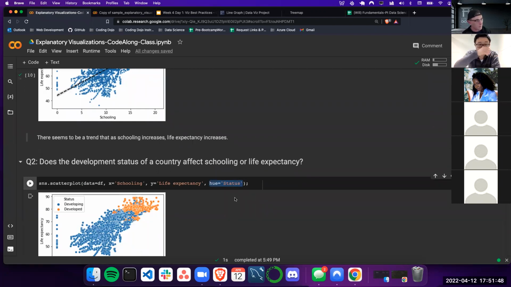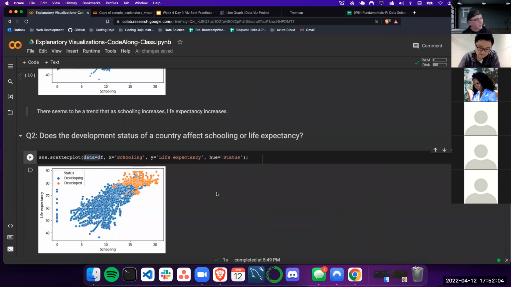I can pass in this argument and give it a column because I said data equals df. I can give it a column in which I want it to create a hue. Now hue doesn't just work on binary columns, but the more categories you get, the more confusing it can be and it doesn't really help. But here it's great for helping. Does development status of a country affect schooling or life expectancy?